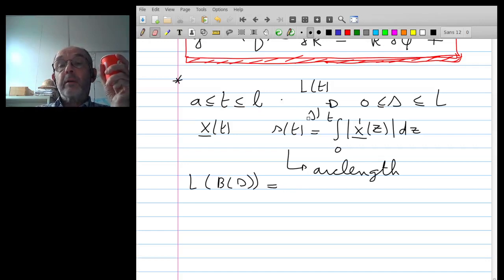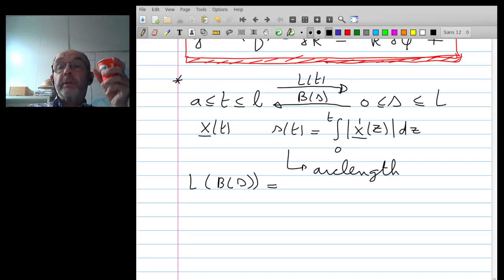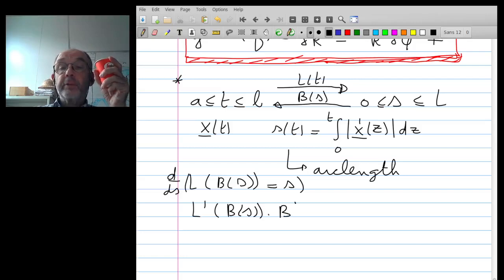Let me do the right thing. This one I call L of t, and going back I call B of s. If I let B work on s, it becomes t, and if I let L work on t, I get s back. And so I see that if I differentiate it, the derivative of L working on B times the derivative of B becomes equal to 1.